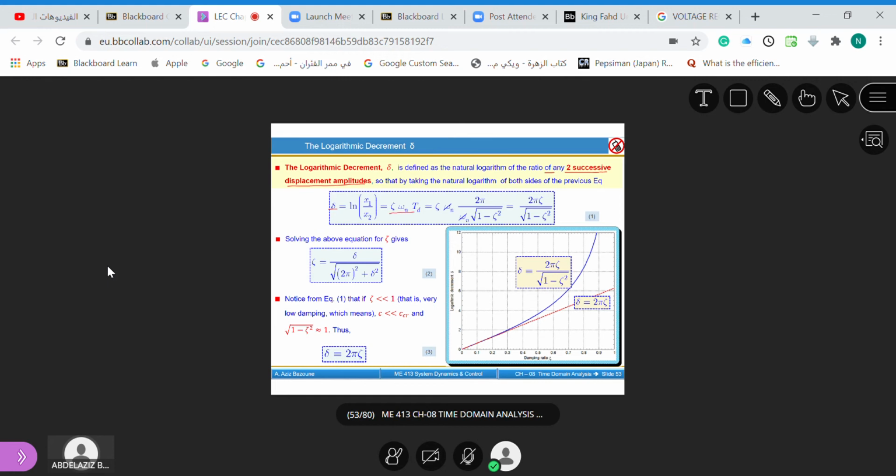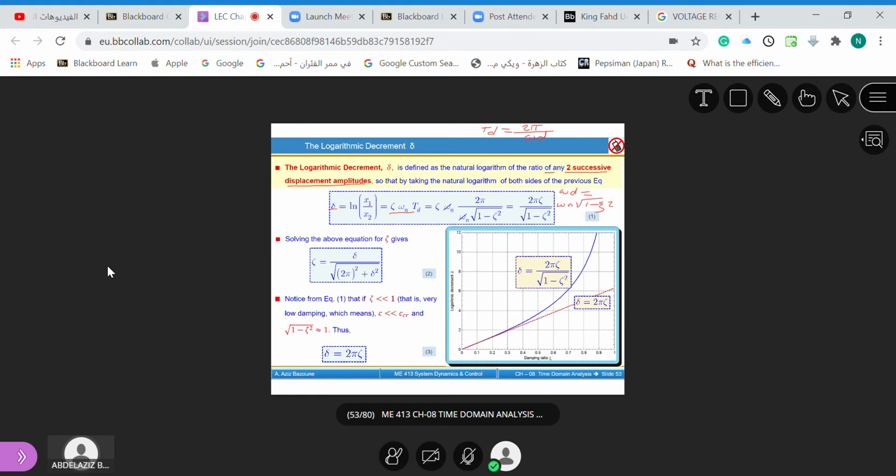Now, you substitute td by 2 pi over omega d. Td is equal to 2 pi over omega d. And you substitute omega d by omega n times the square root of 1 minus zeta squared.